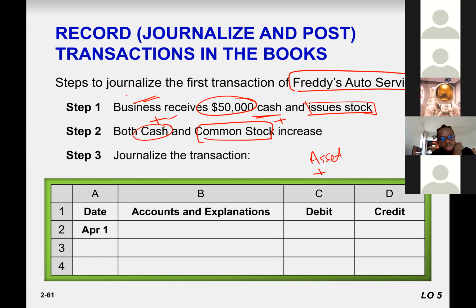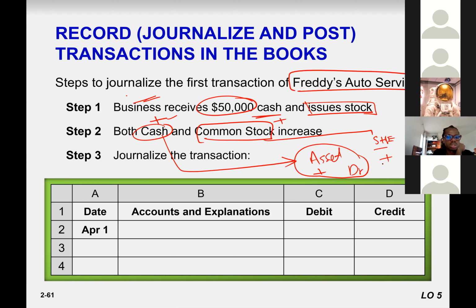If an asset increases, it is debited, because cash is an account of asset. And common stock belongs to stockholder equity, SHE, I'm just writing the abbreviation here. So it also increases. When stockholder equity increases, it is credited, right?